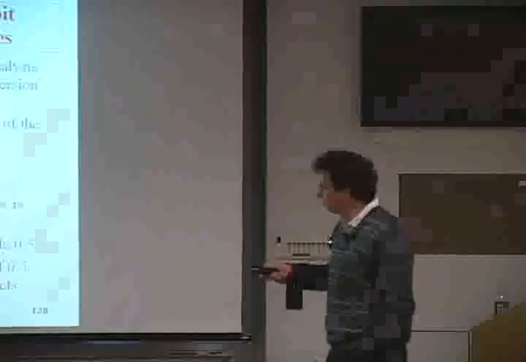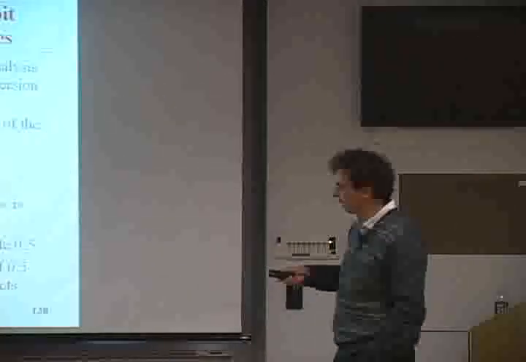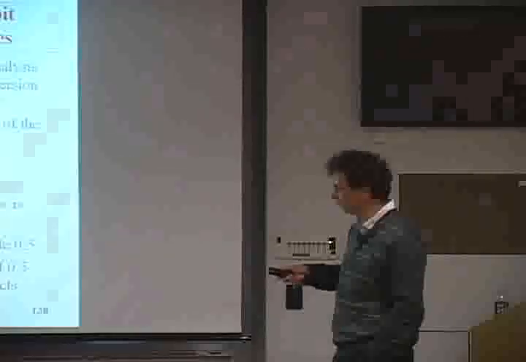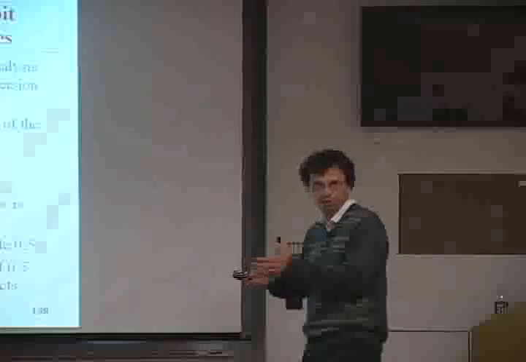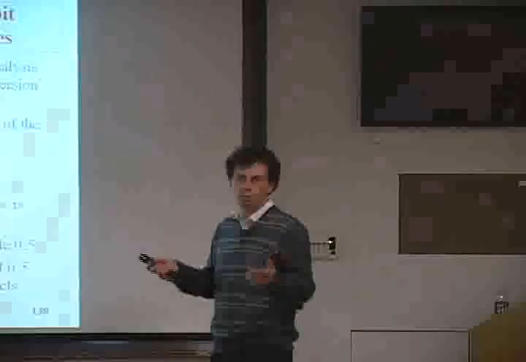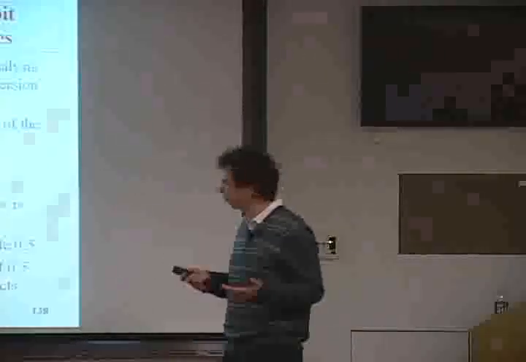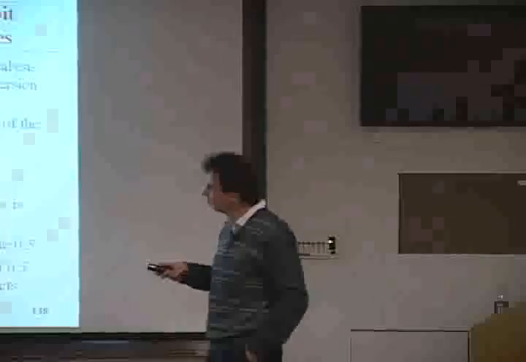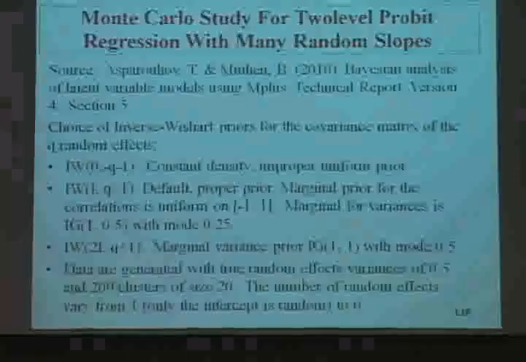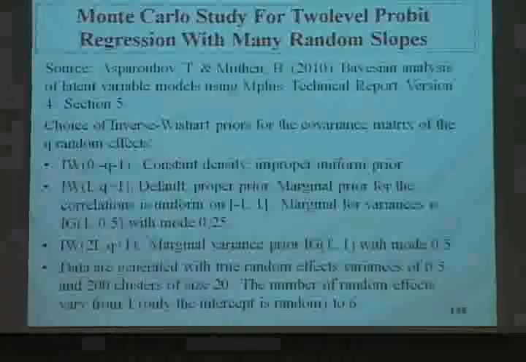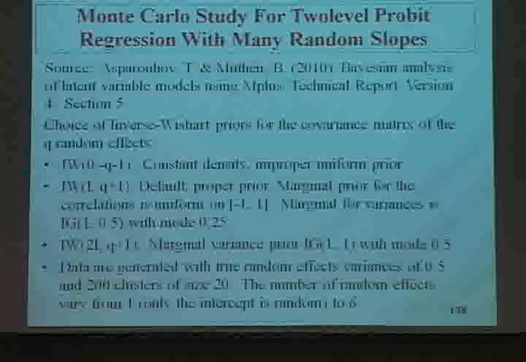So anyway, here are some popular values that we've been playing with in Mplus in terms of default priors. These are priors we can put in, and you don't have to worry about it. It works in almost all cases. So this IW(0, -Q-1), where Q is the dimensionality of the variance-covariance matrix you're talking about, is an improper prior.